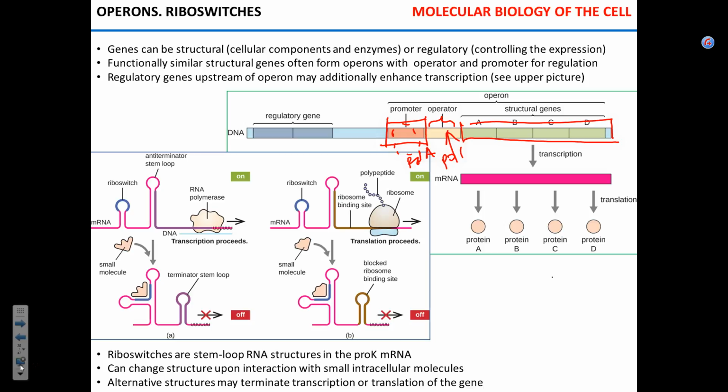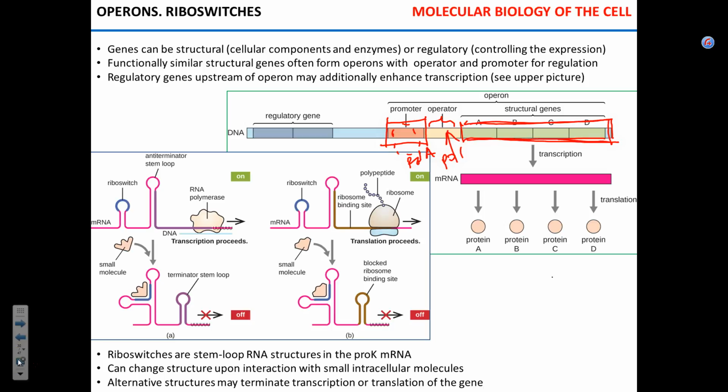So the task of the operator sequence is to control, through several mechanisms, whether RNA polymerase can proceed with the transcription or cannot. That's the place where you build defense. Does that make sense?